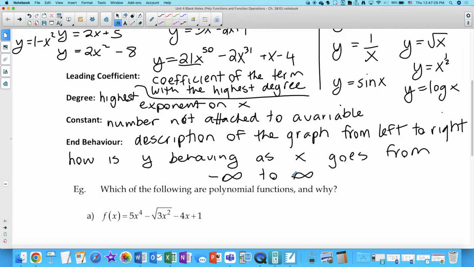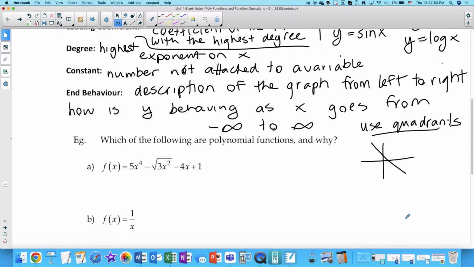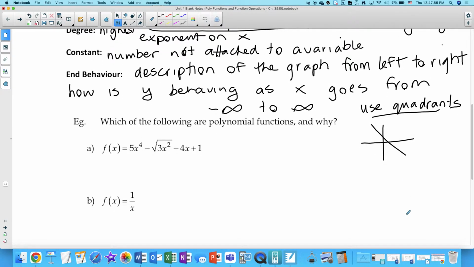Now, one of the easiest ways of describing end behavior is to talk about the quadrants of the coordinate plane. Okay? So for example, if I'm looking at this function, okay, quad 1, 2, 3, 4.